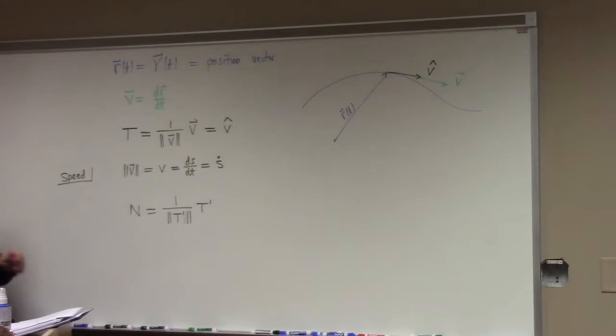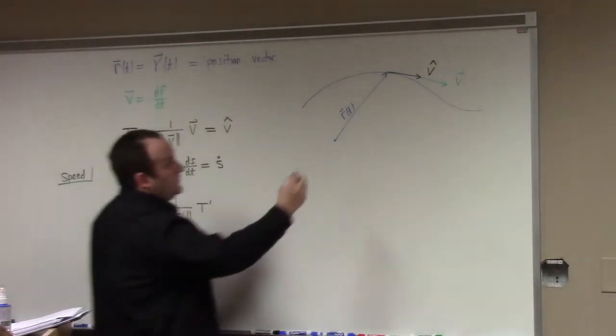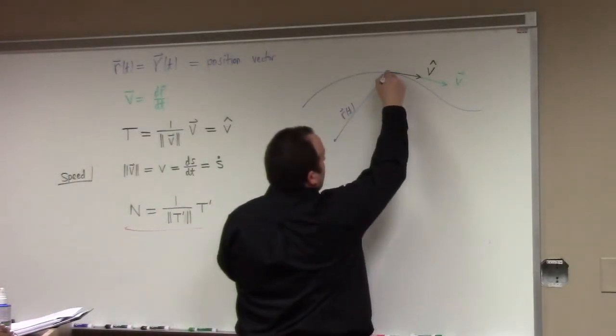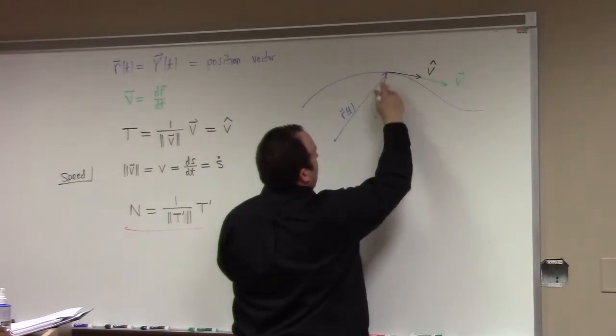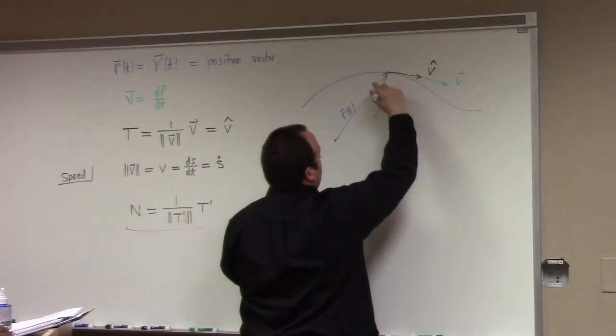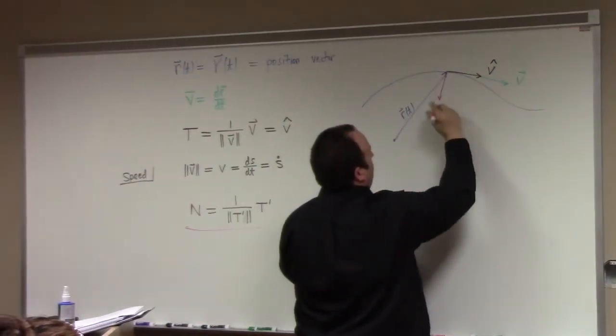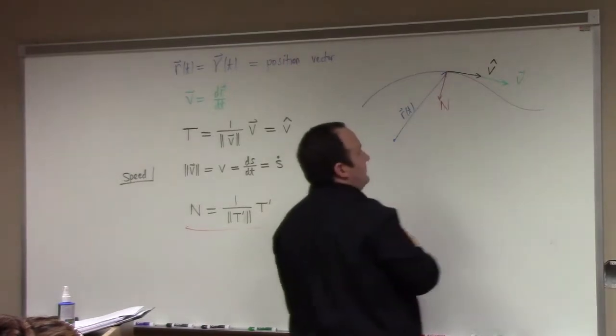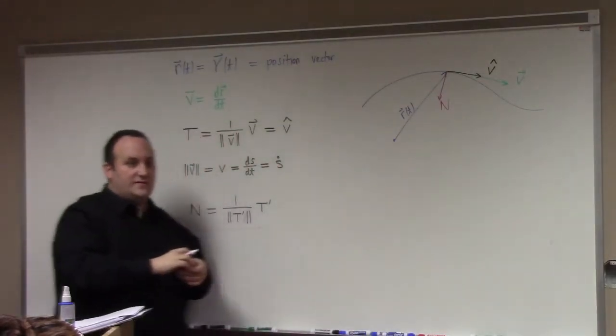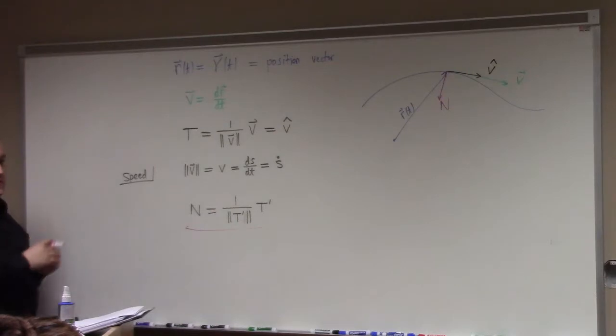There's a pink. Why not? This guy. That is perpendicular to the velocity. Well, it should also be of unit length, so it's something like that. So it makes a right angle to the velocity. It points towards the center of the osculating circle, which fits in there.